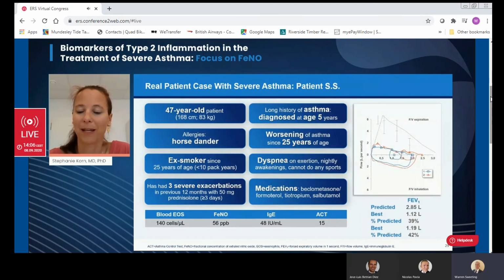And when looking at her lung function, I know that this is not a very good quality lung function. However, it was the best lung function that we could get from the patient. You can see that there was a very bad lung function with an FEV1 of 39% of predicted.